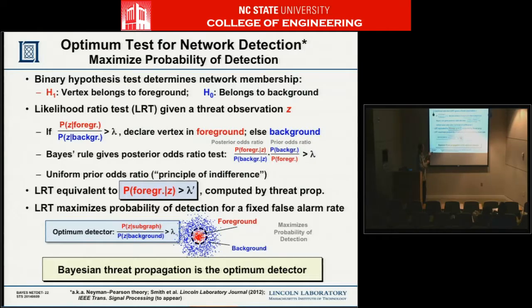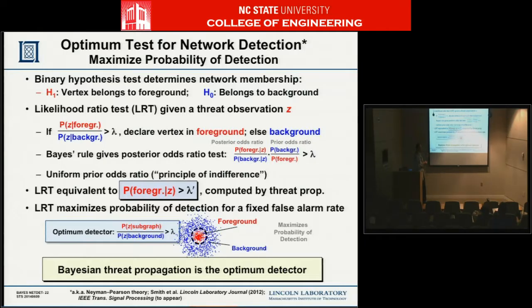So this is all classical, except we're applying it in this network detection context. And so the likelihood ratio is the probability of your data given that your vertex is in the foreground, as a ratio of the probability of your data given that it's in the background. If this is greater than some threshold, then you say it's in the foreground. Otherwise, it's in the background.